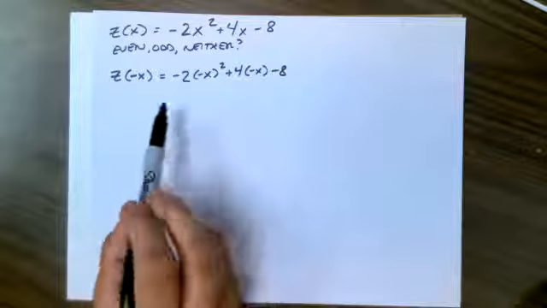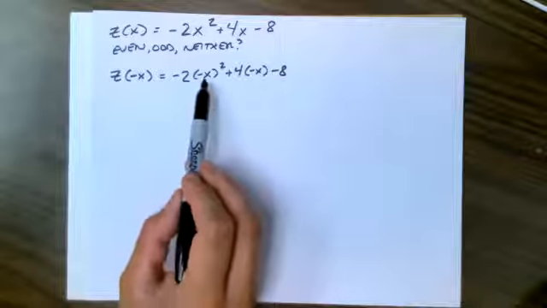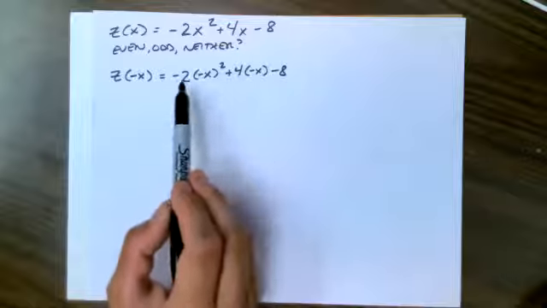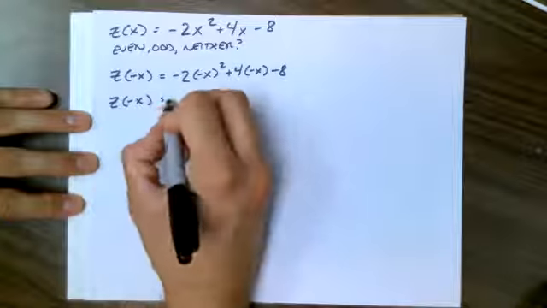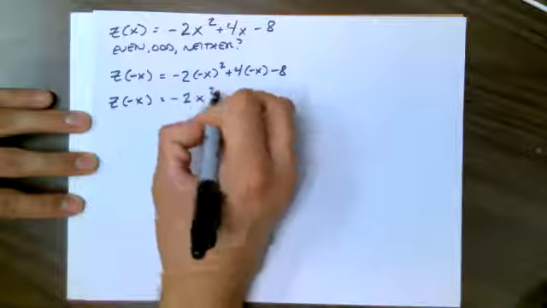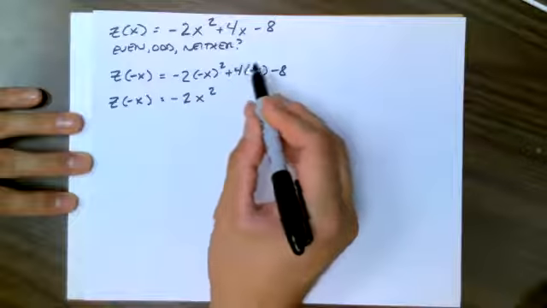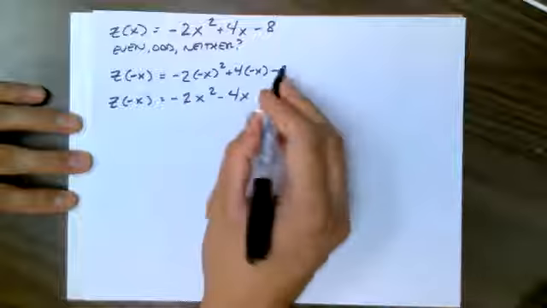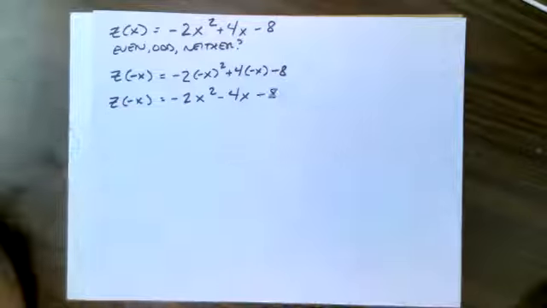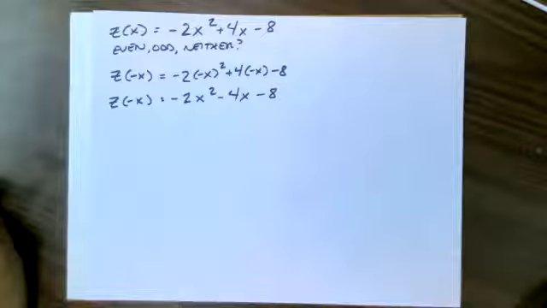Now, when I do that, the first term stays the exact same, because I square the negative, so it doesn't change the sign out front. It's negative 2x squared. The second term changes, though, because 4 times negative x would be negative 4x. The minus 8 doesn't change at all because it's a constant, not a variable.